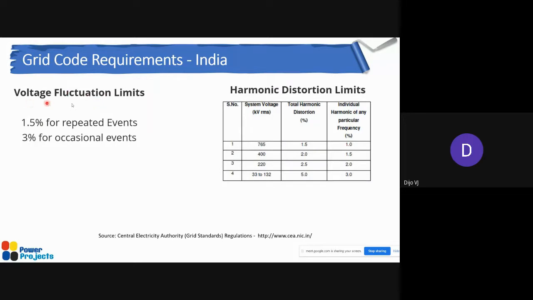Again, for the voltage fluctuation limits, 1.5% for repeated events and 3% for occasional ones. This is what we have seen some time back. When you start a motor once in a day or maybe once in a few days, you can go up to 3%.